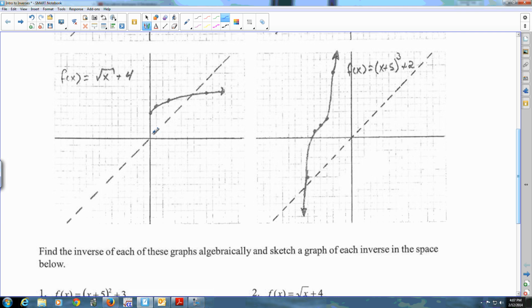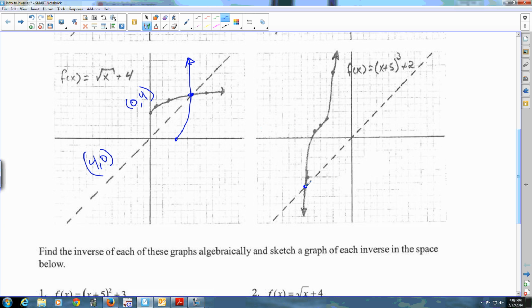This graph starts at (0, 4), so (4, 0) is going to be on the new graph. It's going to be on the inverse. So 1, 2, 3, 4. And this graph is going to go right up through there. If a graph crosses the line y equals x, that point will be on the reflection. Okay? So this black one would fold right onto the blue one, or the blue would fold right onto the black one, whichever way you want to say it.